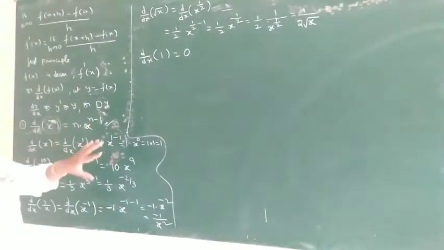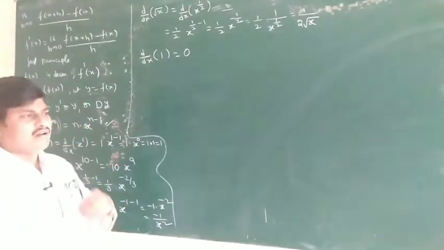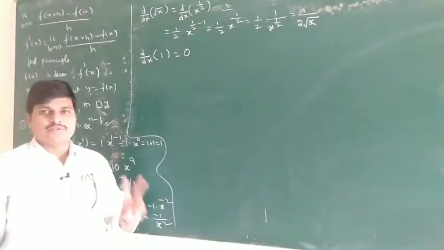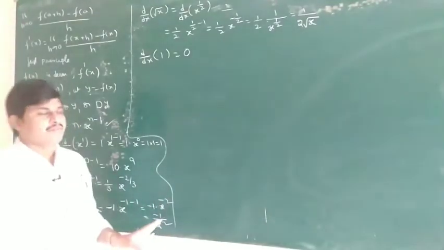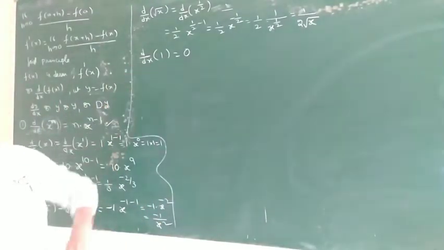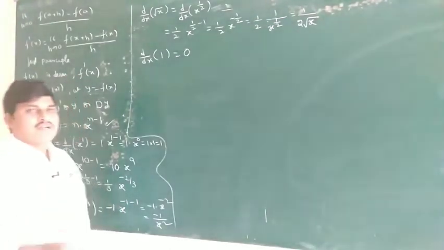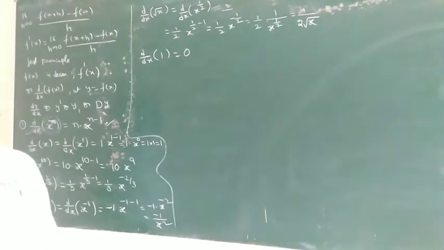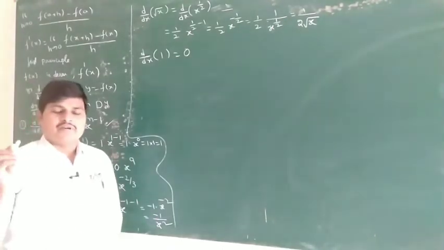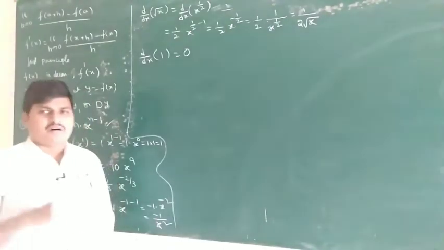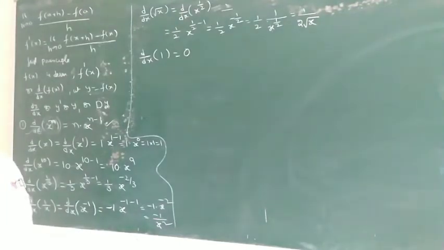Except these two, remaining all are constants. So the derivative of a constant is equal to 0: derivative of 1, derivative of a, b, c, d, derivative of 100,000, these all are constants.